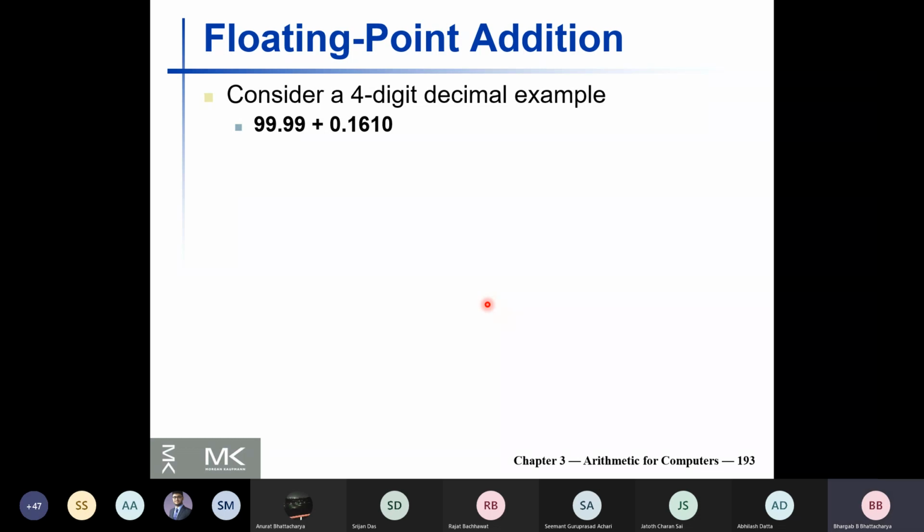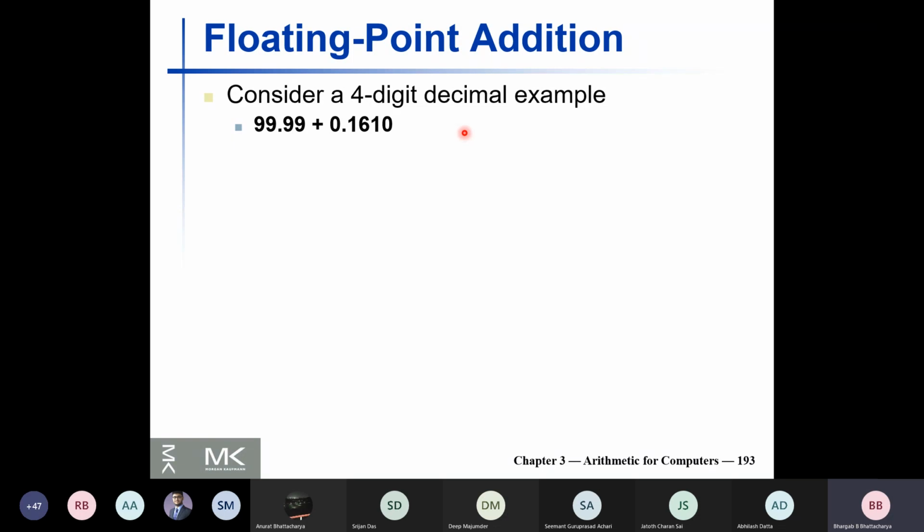Align the decimal points, correct. Because of the presence of this decimal point, their interpretation is different, so you need to align the decimal point. The alignment of decimal point means, in floating point representation, the alignment of the exponent value, isn't so?